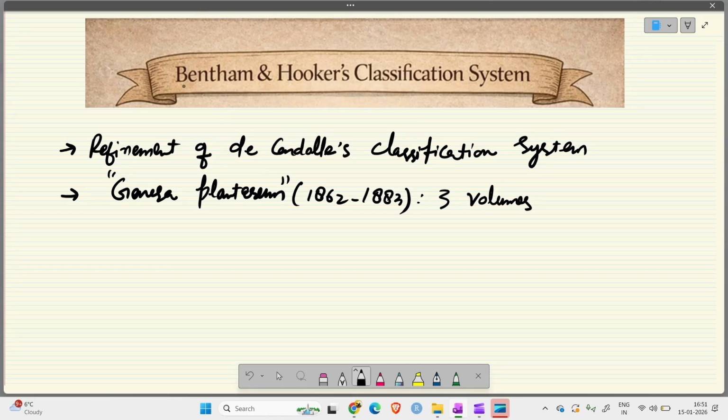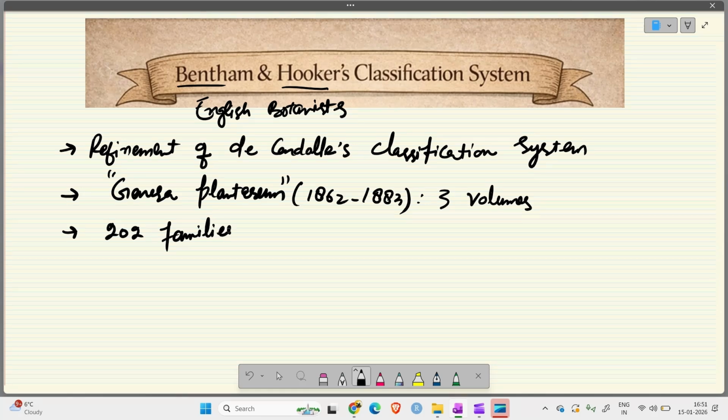Both Bentham and Hooker were English botanists. In the Genera Plantarum, they classified around 202 families of 7,569 genera, with many thousands of species in them.